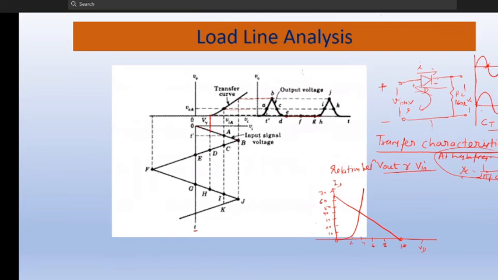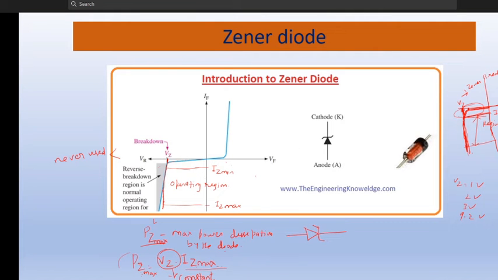So now we are moving on to the next topic, that is the Zener diode. I told you about the two types of breakdown mechanism that occur in the reverse bias region of the operating characteristics. One is avalanche breakdown, which happens due to the collision of ions. The other is Zener breakdown.